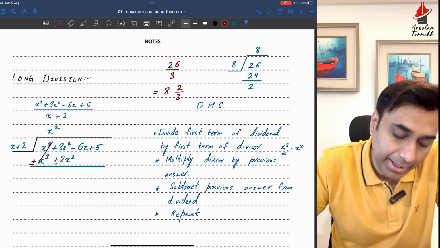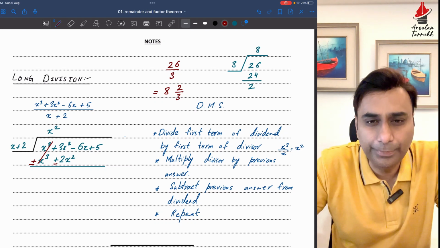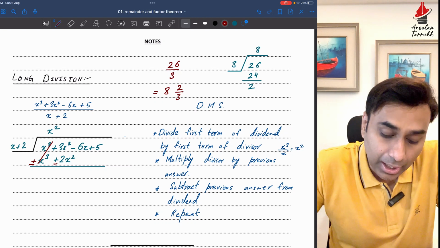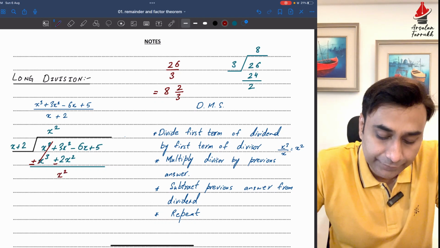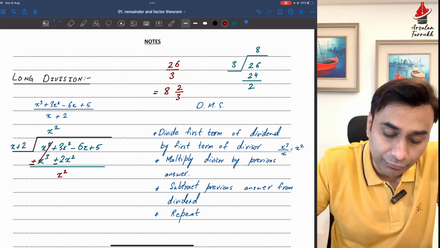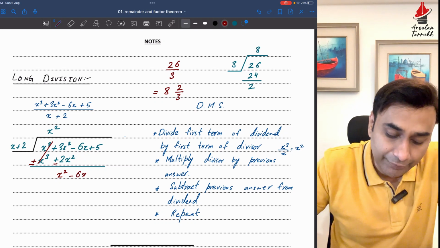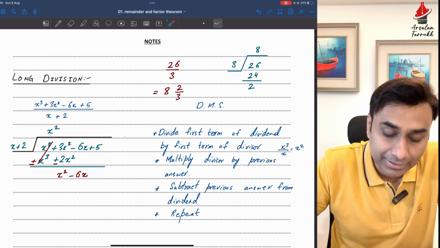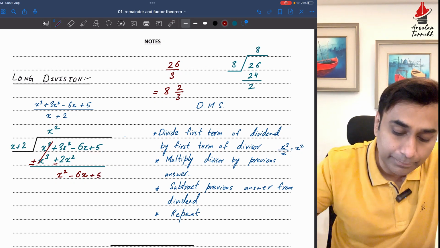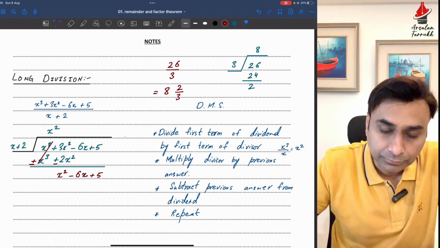So x cubed minus x cubed cancels out. That should be the case every time, your first term would cancel out. Now 3 minus 2 gives you x squared, and then you copy the remaining terms as well, because once you subtract nothing from minus 6x, your leftover would be minus 6x. Similarly, when you subtract nothing from 5, you will get plus 5 as well.